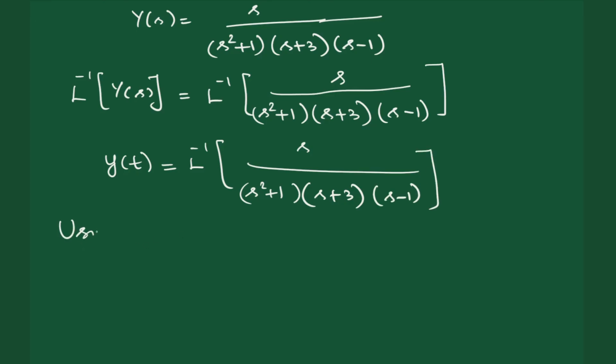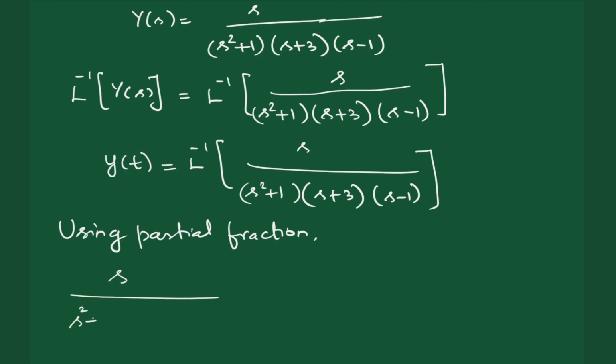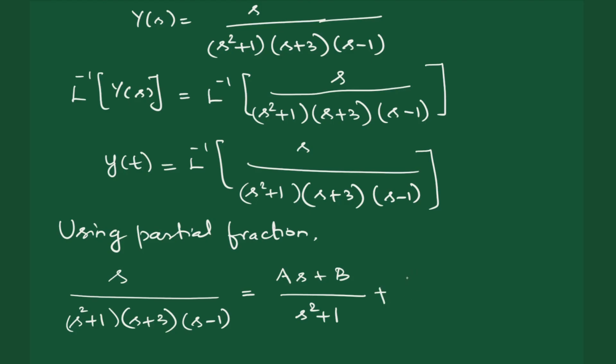Now, using partial fraction method, this s divided by (s square plus 1) into (s plus 3) into (s minus 1), we can split it into (as plus b) divided by (s square plus 1). Because this is a non-linear factor, s square plus 1, we are considering the numerator as as plus b.